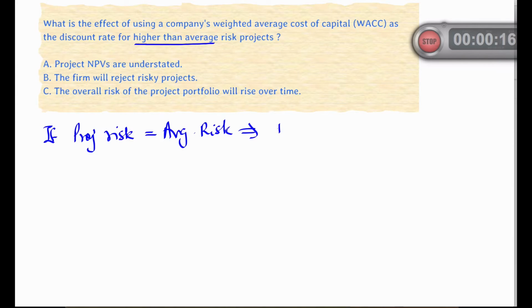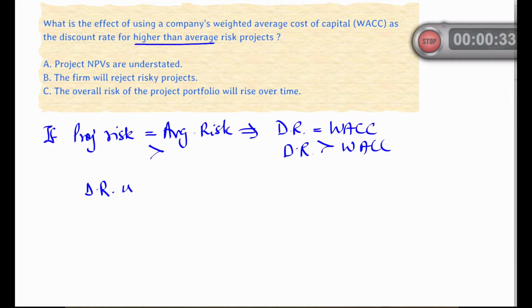Now recall that if project risk equals the risk of the average project at the company, then it is appropriate to use the weighted average cost of capital as the discount rate. When the project risk is higher, then we must use a discount rate that is higher as well.